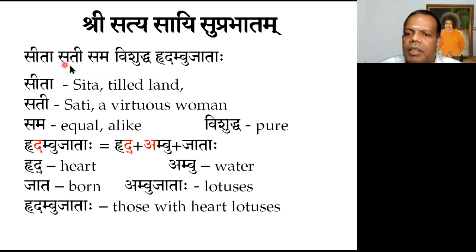Sita, Sati, or Sita, who is the Sati, is considered as symbolizing purity, total purity. And it also means Hridambu Jata. Hrid means the heart, there's a lotus of the heart. So what exactly it means is the Ambu means it is compassion.